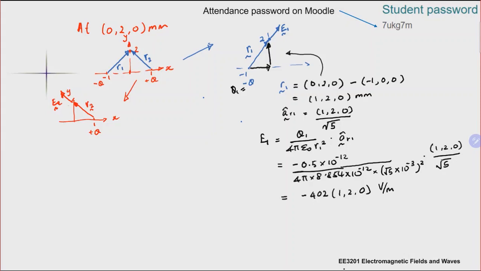And this is at y equals to 2. So again, writing down the vector R2, that will be equals to 0, 2, 0, minus 1, 0, 0.